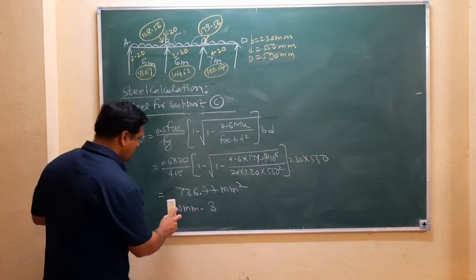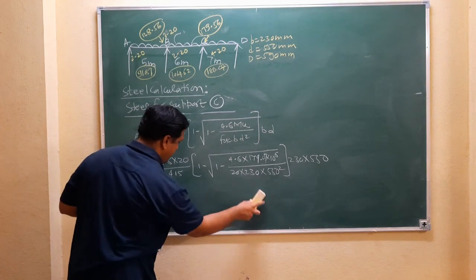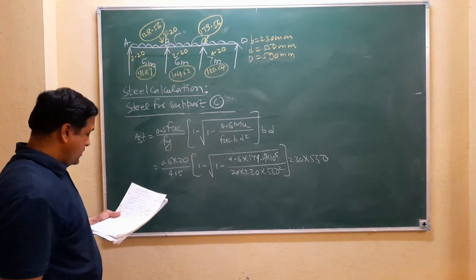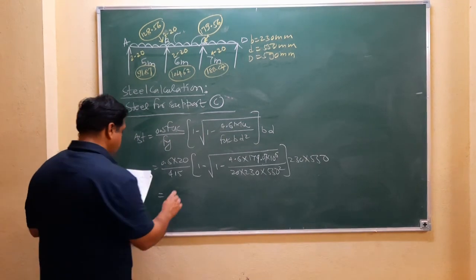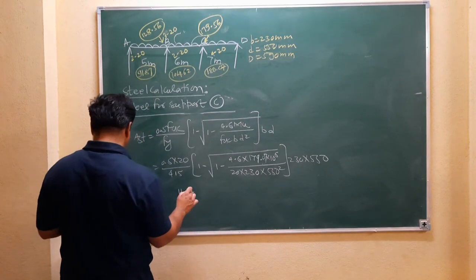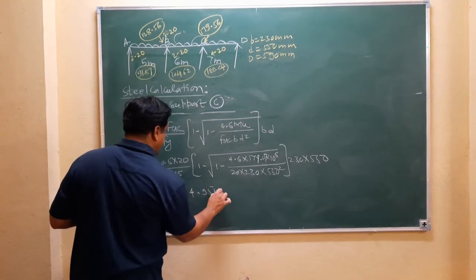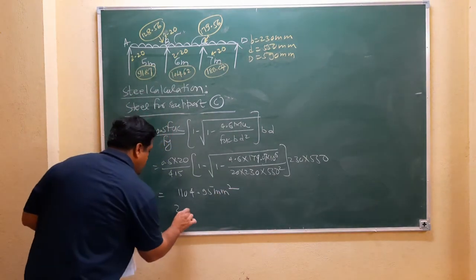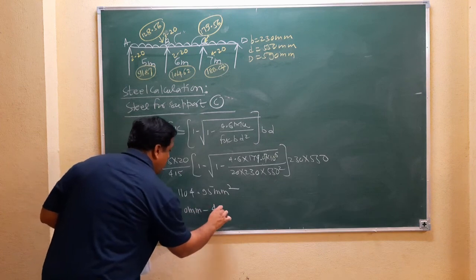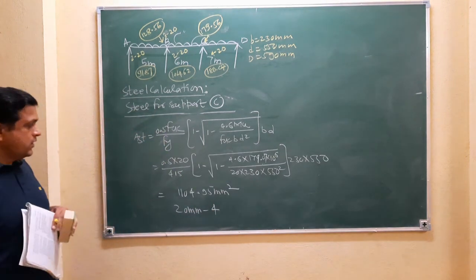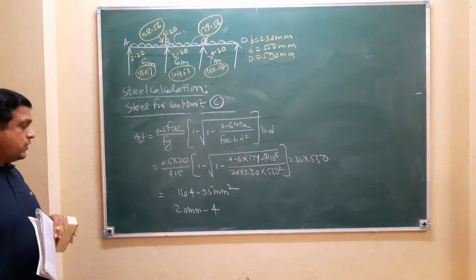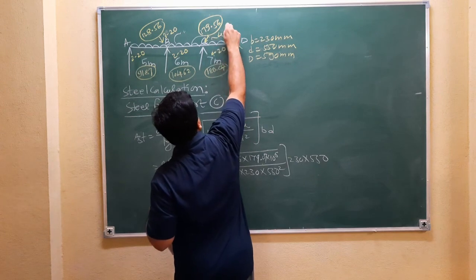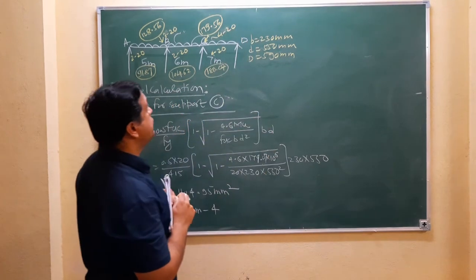So the value is 1104.95 mm square, and with 20 mm bars, 4 bars. So here you have to provide 4 bars of 20 mm.